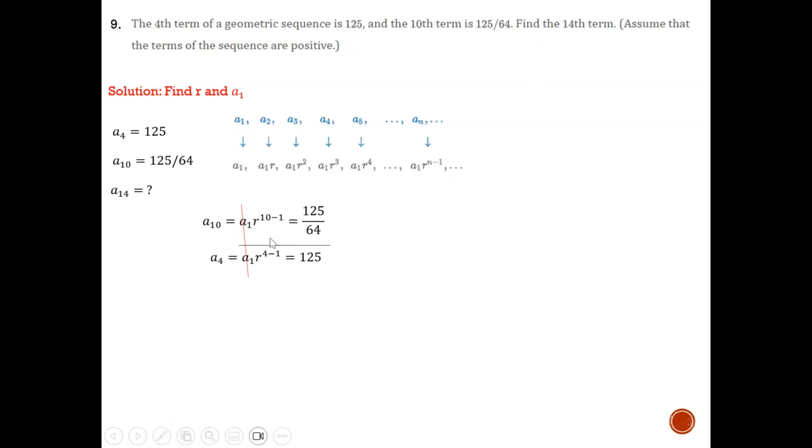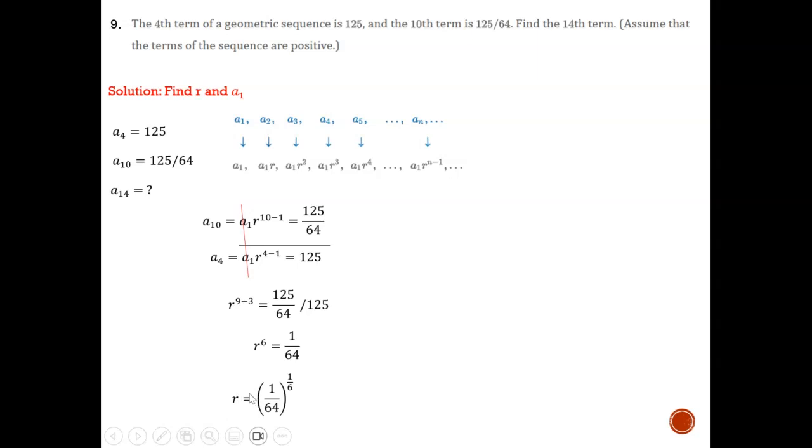So what's R to the 9th divided by R to the third power? Recall when we have the same base, like R and R, we subtract the exponents, the top minus the bottom, so it'll be 9 minus 3, equal to 125 over 64 divided by 125. 9 minus 3 is 6. If we divide 125 over 64 by 125, it's going to give us 1 over 64.